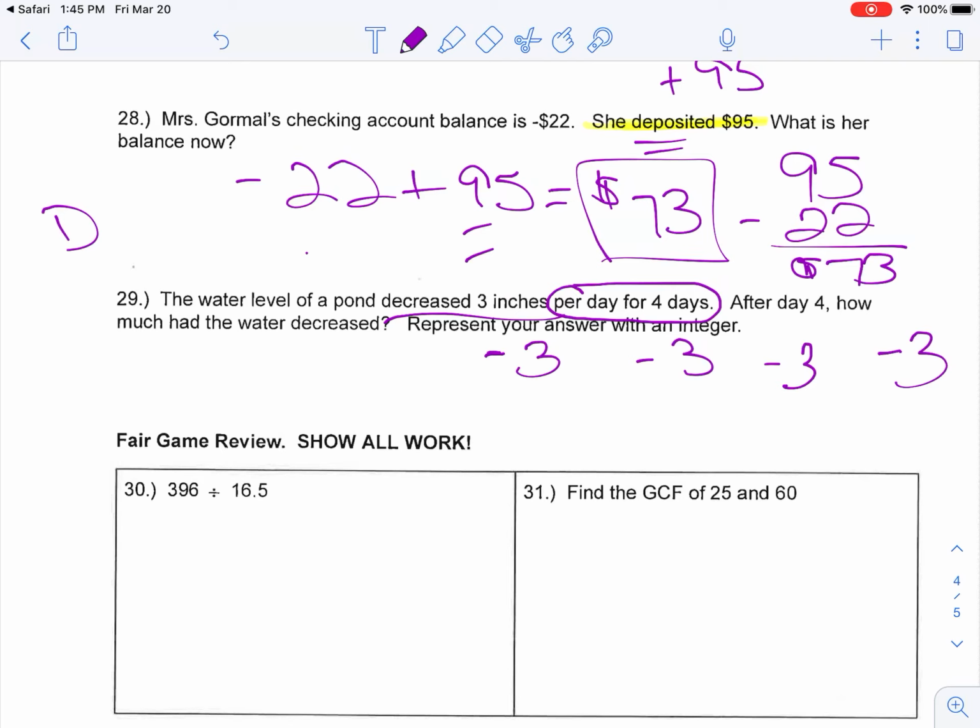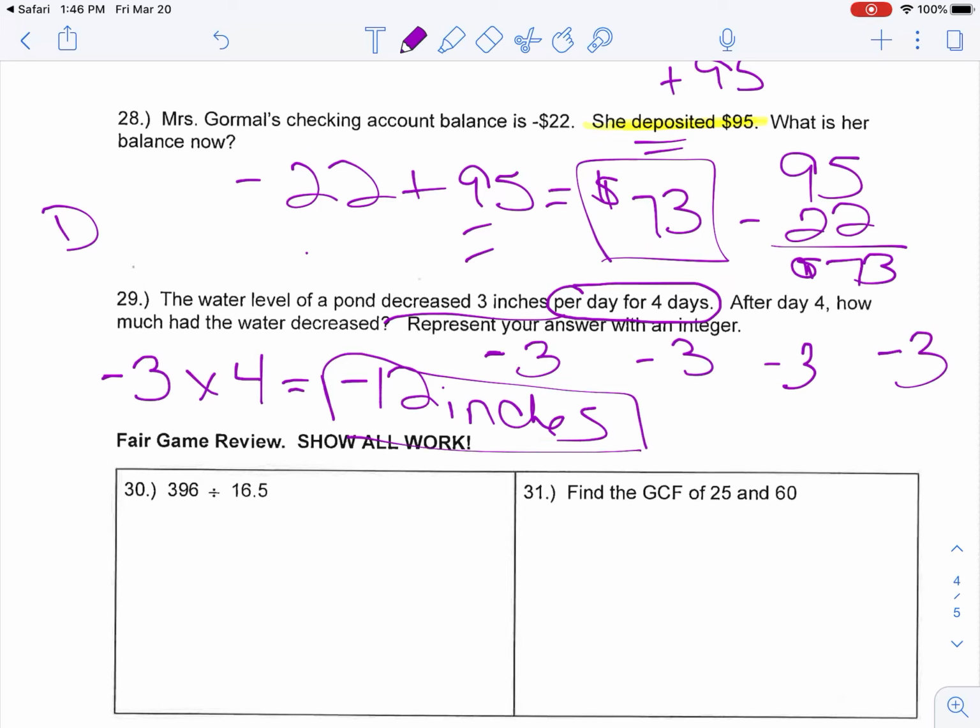Another way we are going to write that is went down 3 inches per day for 4 days. We're multiplying. A negative times a positive is a negative. So the pond has gone down, which is why it's a negative. It went down 12 inches after 4 days.